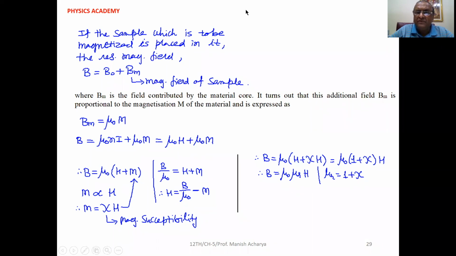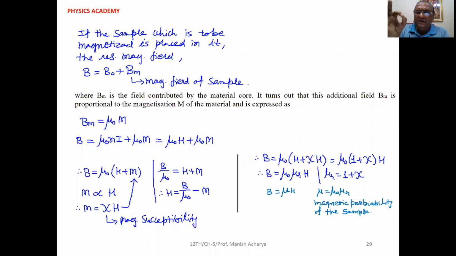So the resultant magnetic field we can now give by B equal to mu into H, where mu is the permeability of that particular sample, that is mu0 mu r. Clear to all of you?